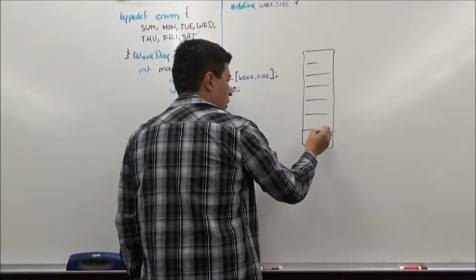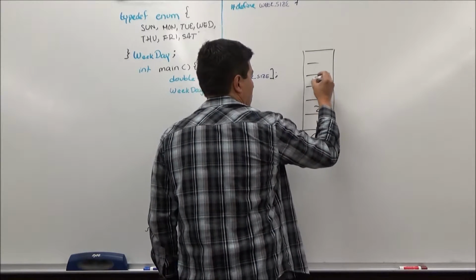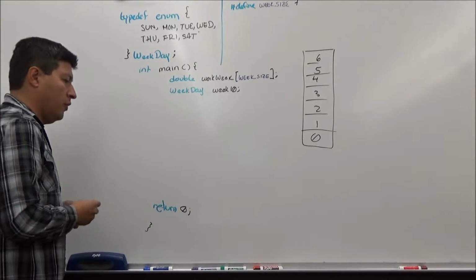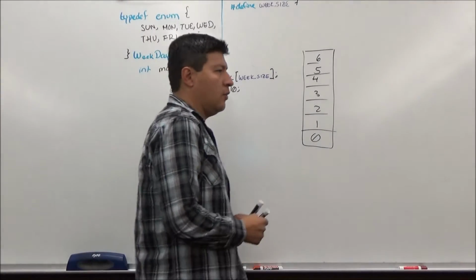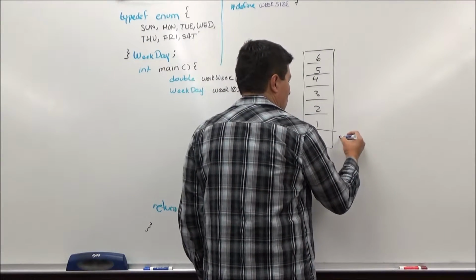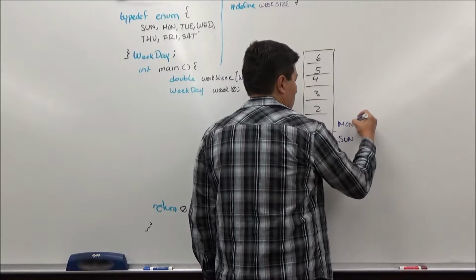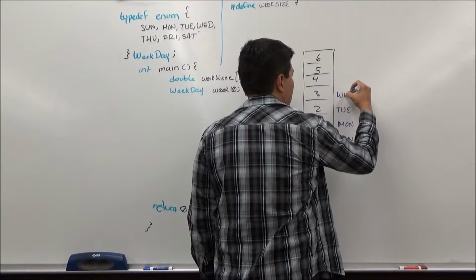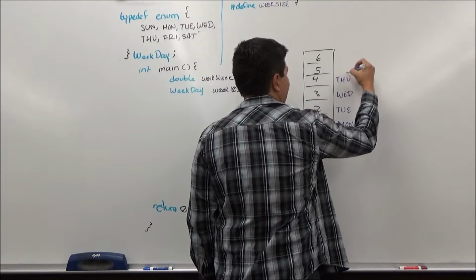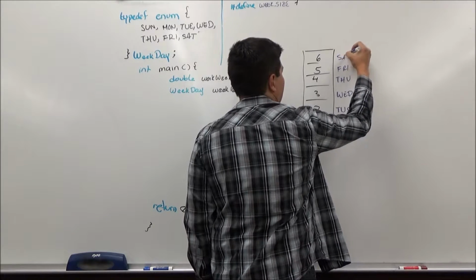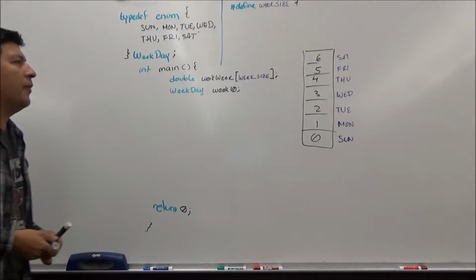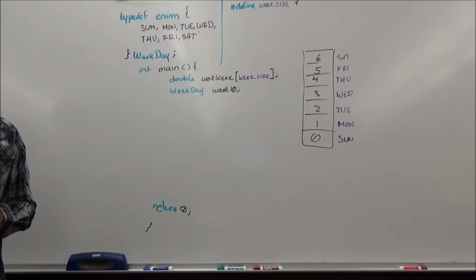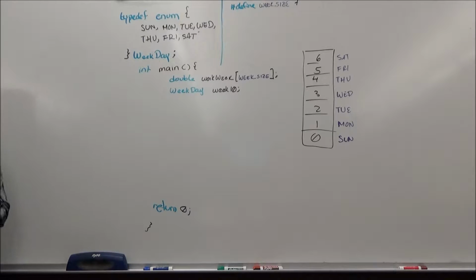An array of integers, and they have the values like that. But instead of using the number, I can use something easier to read, I guess. So instead of referring to numbers, instead of saying error 404, I can say page not found and give you that value.